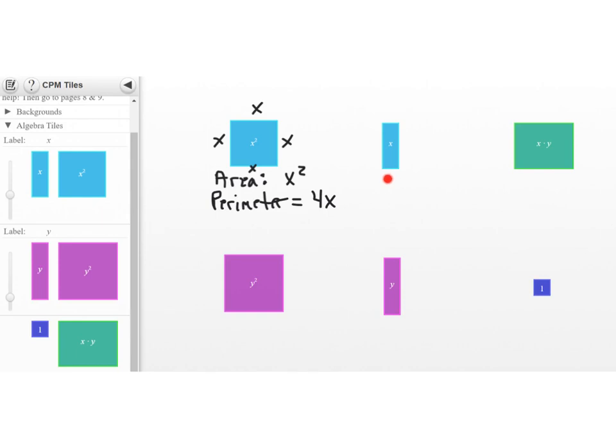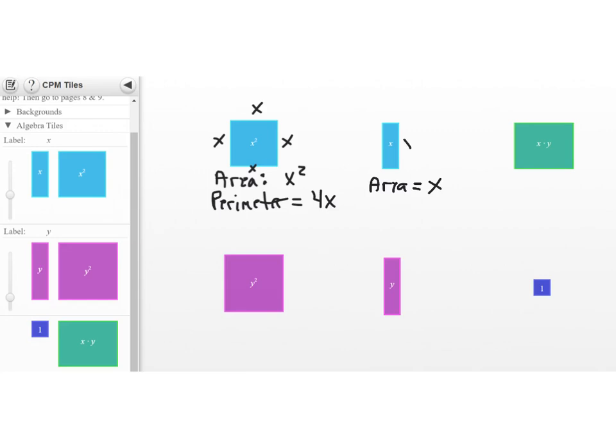Let's move over here to this tile, which is the x tile. And again, we can find our area immediately since it's already labeled inside the actual rectangle itself. So our area in this case is going to be equal to x.